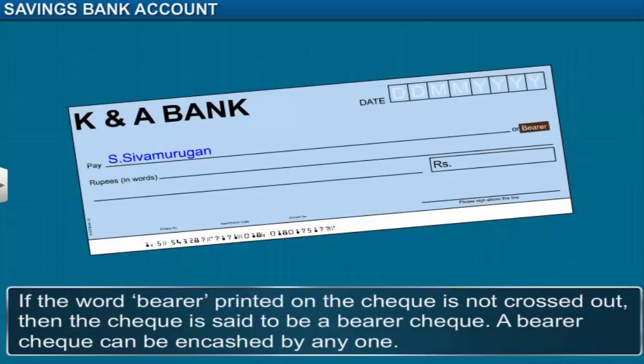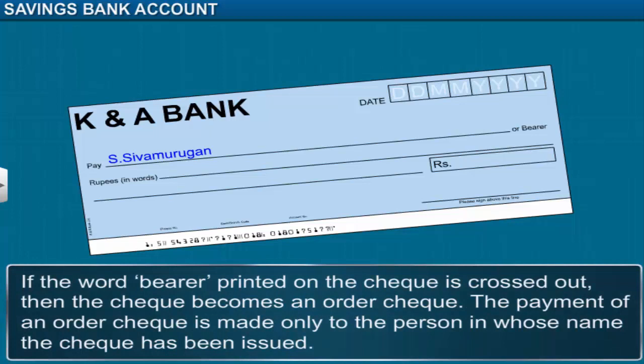If the word bearer printed on the check is not crossed out, then the check is said to be a bearer check. A bearer check can be encashed by anyone. If the word bearer on the check is crossed out, then the check becomes an order check. The payment of an order check is made only to the person in whose name the check has been issued.